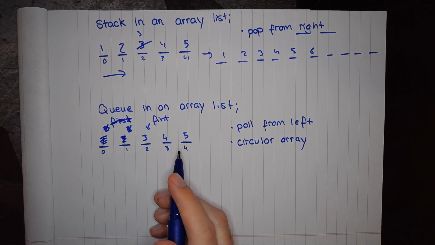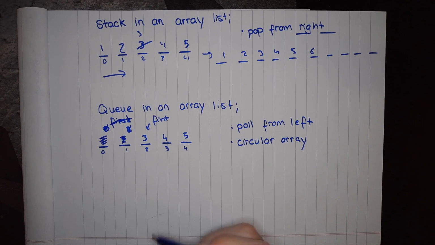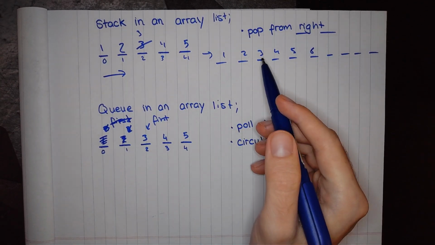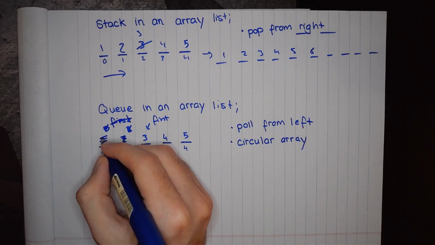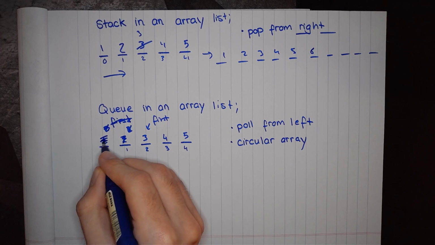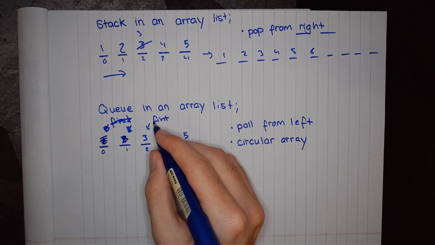right? And then I want to add a sixth element. Now, I could go ahead and add everything to a new array, but notice that these slots are actually empty. Like we're not using them, right?